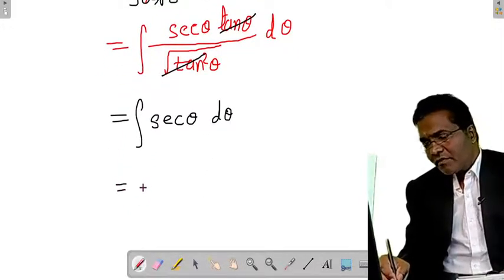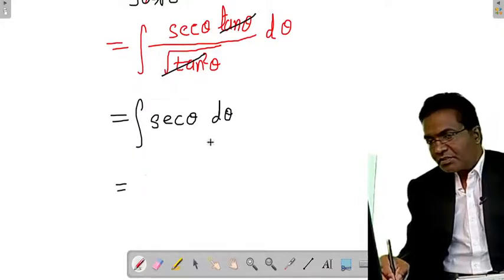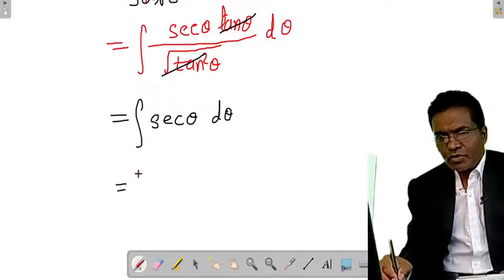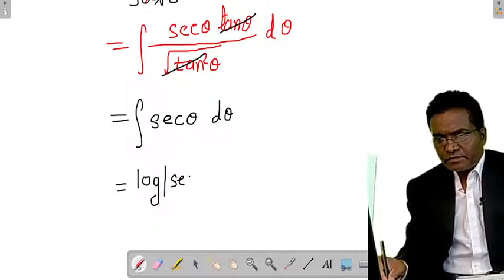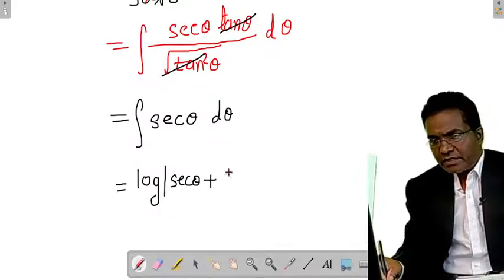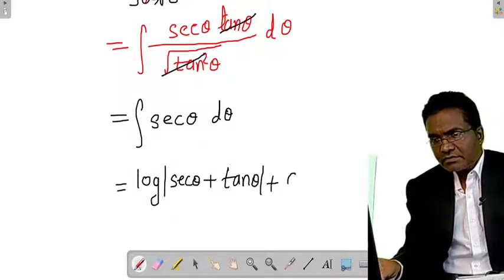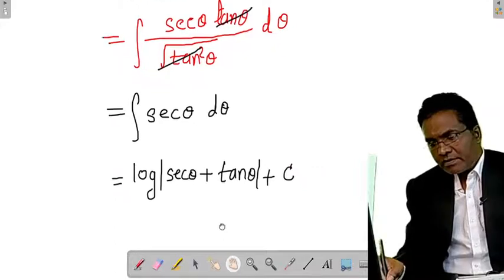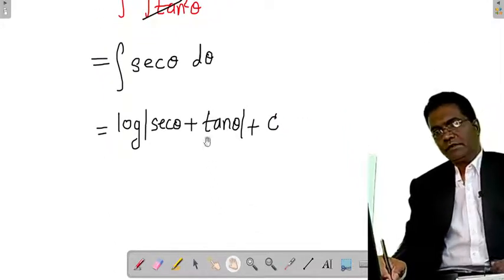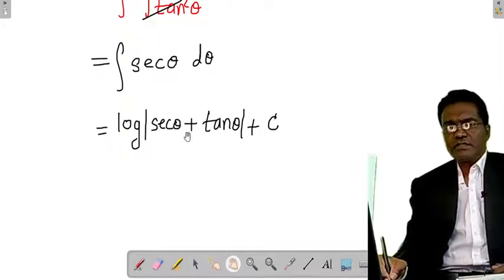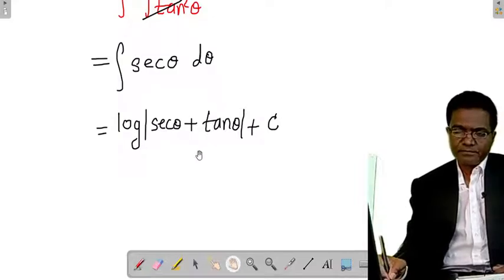Now integration of sec theta with respect to theta is known to you. It is log of sec theta plus tan theta plus c. Okay, integration of sec is log of sec plus tan.